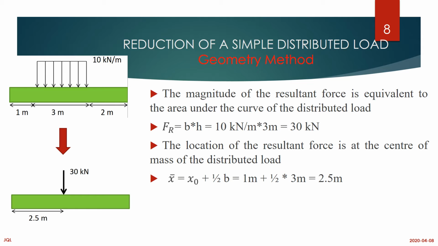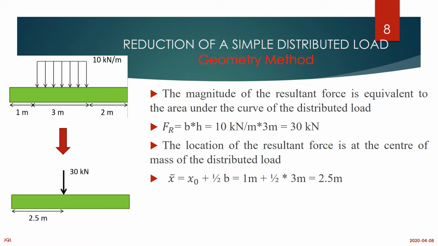In this case, we had 10 kilonewton per meter, which starts after 1 meter, over a 3 meter length. So the area will be 10 multiplied times 3. Then you get 30 kilonewton. That is going to be your resultant. In terms of the location, this is simple algebra. The center of a rectangle will be 3 divided by 2, which is 1.5.